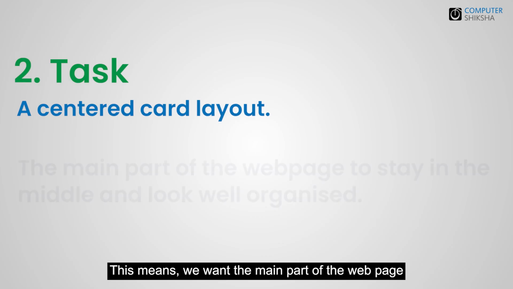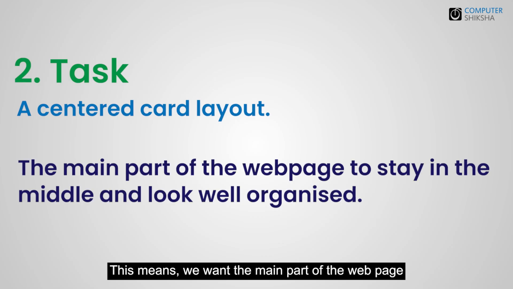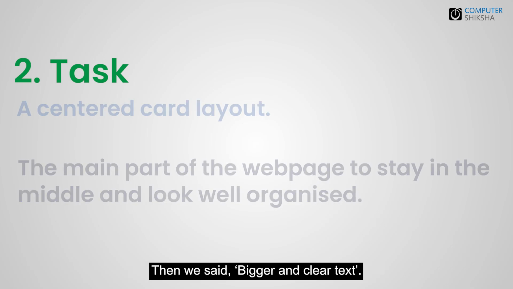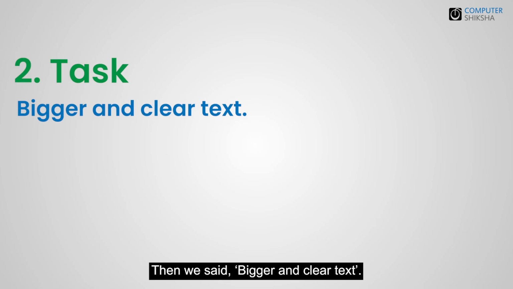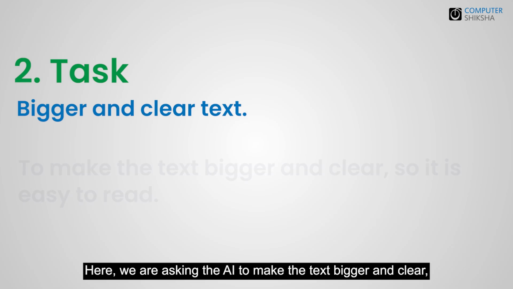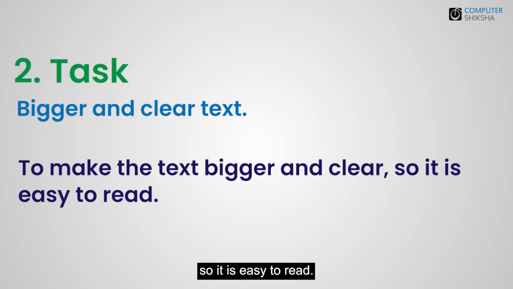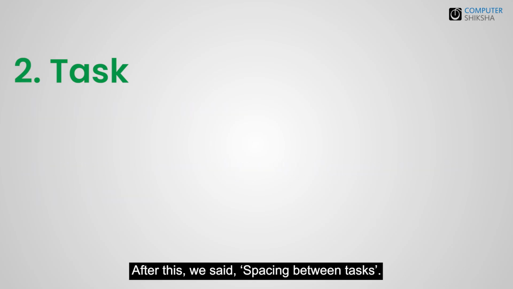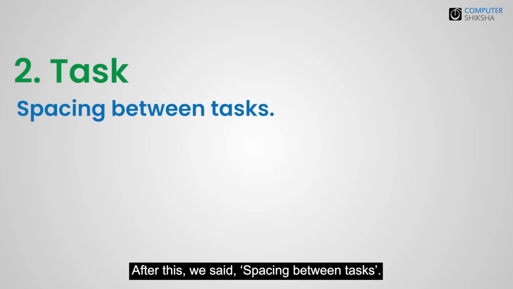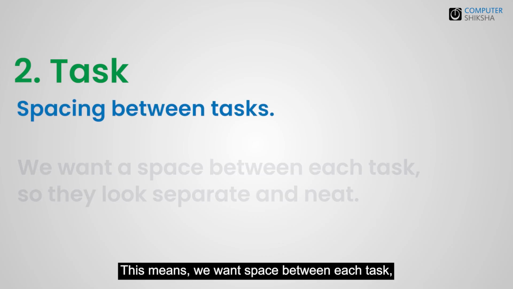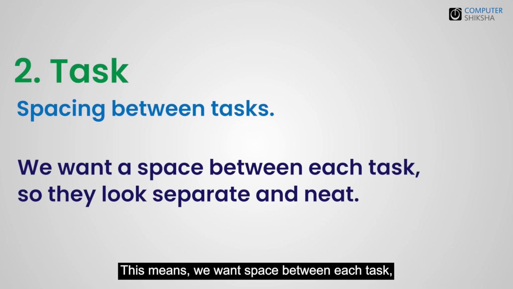This means we want the main part of the web page to stay in the middle and look well organized. Then we said bigger and clear text. Here we are asking the AI to make the text bigger and clear so it is easy to read. After this, we said spacing between tasks. This means we want space between each task so they look separate and neat.